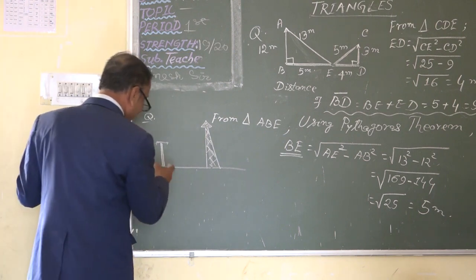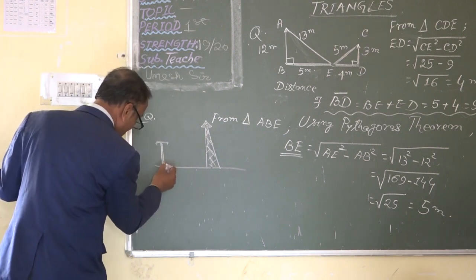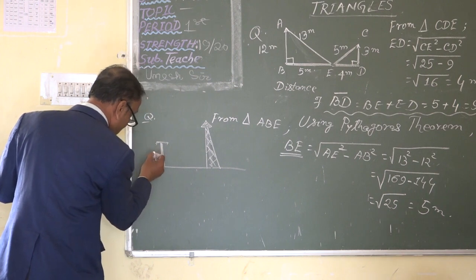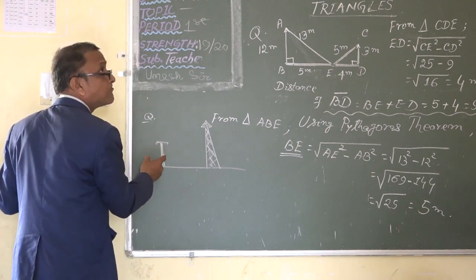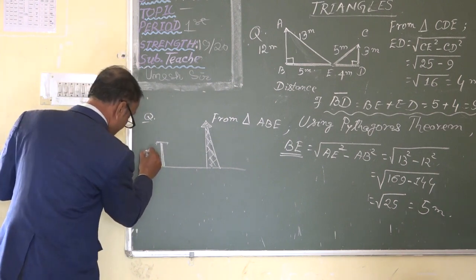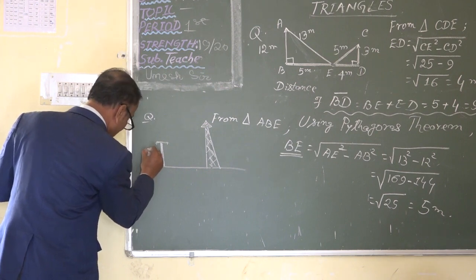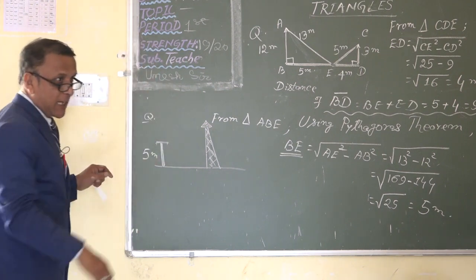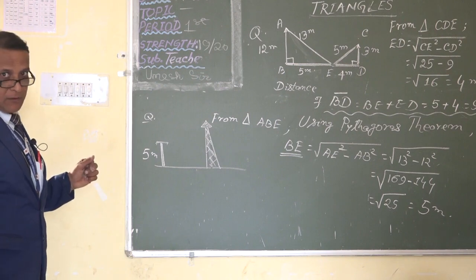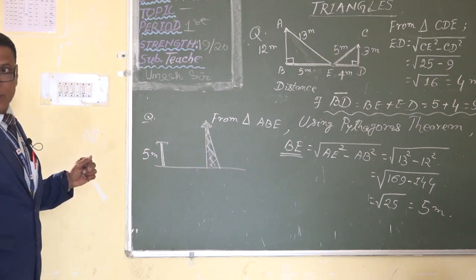The electric pole length is equal to 5 meter. The height of the electric pole is 5 meter.